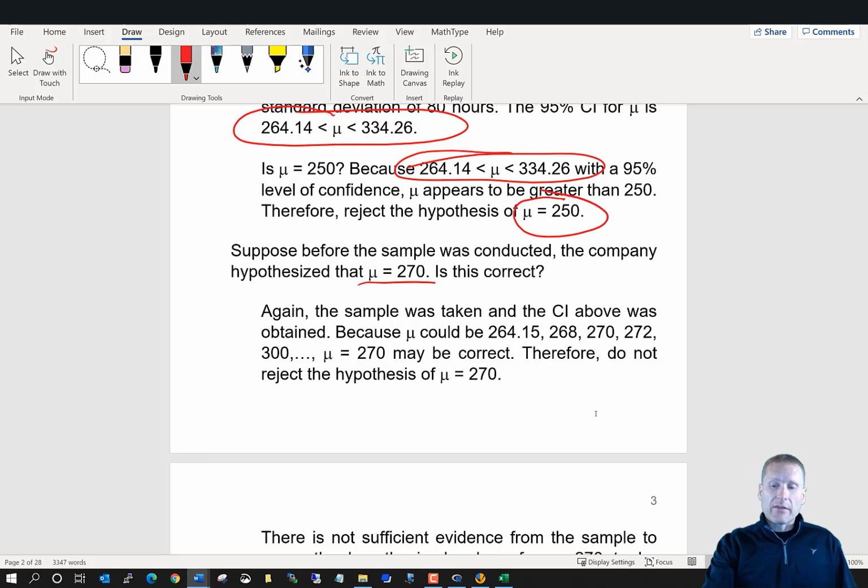So because of that, we do not reject, those are key words there, do not reject the hypothesis that mu is equal to 270. Notice I do not say that mu is 270. Well, as we can see from this confidence interval, it could be, but then again, it might not.